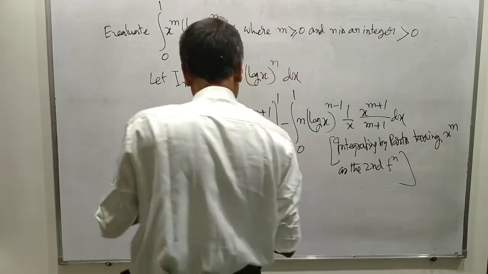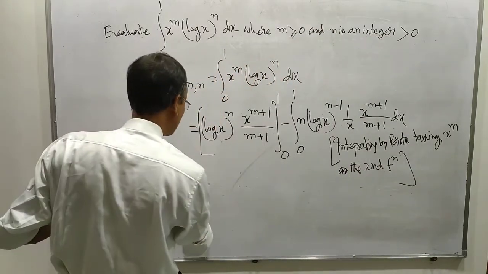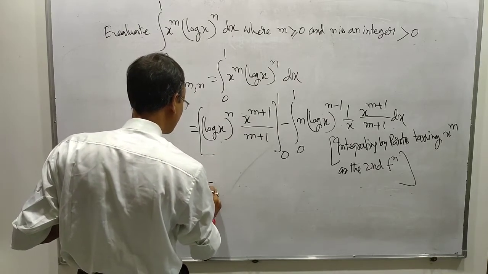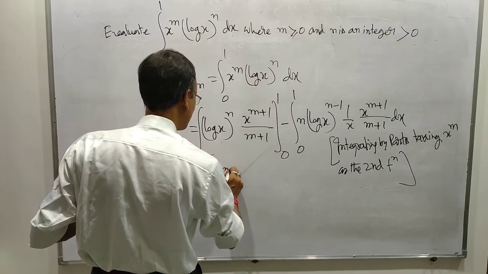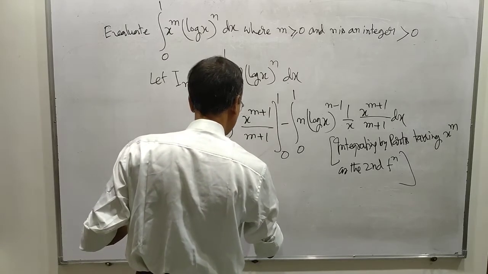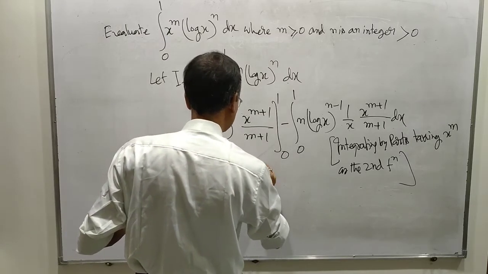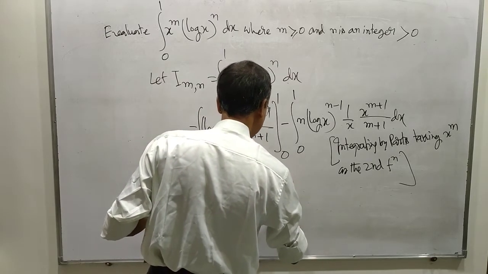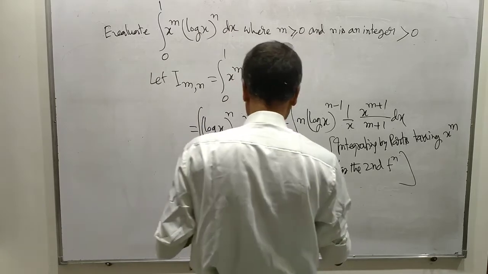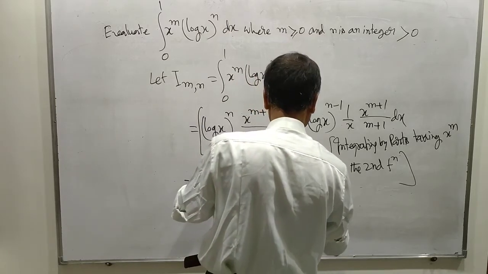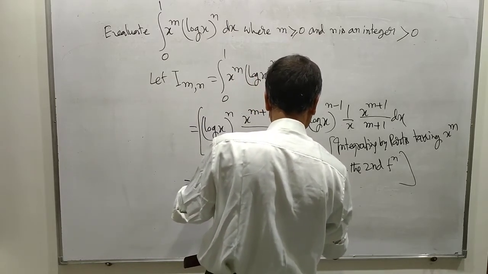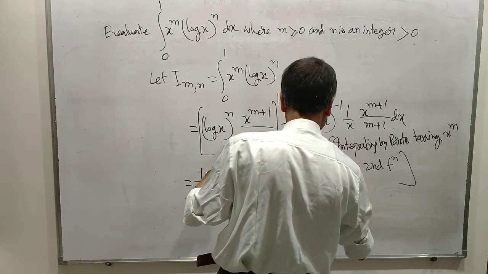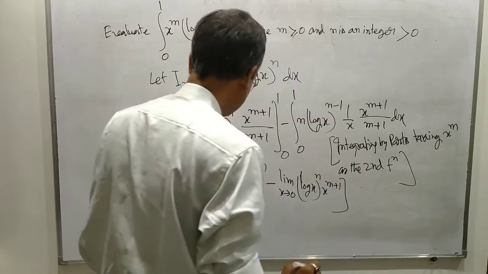This is equal to 1 by (m+1), 1 to the power (m+1), (log 1)^n, minus limit as x tends to 0 of (log x)^n x^(m+1).